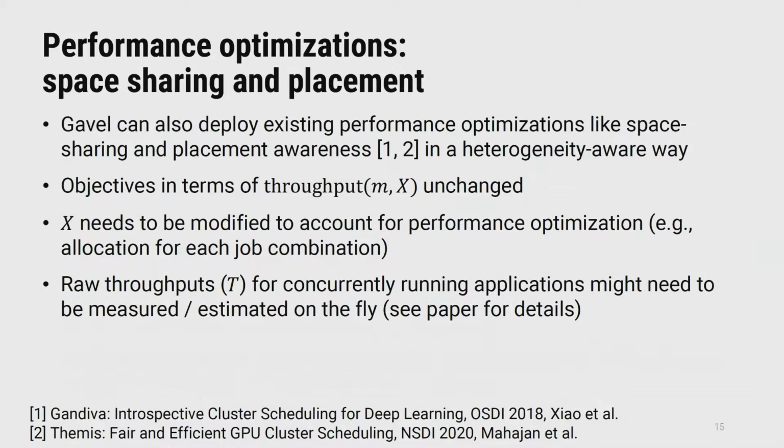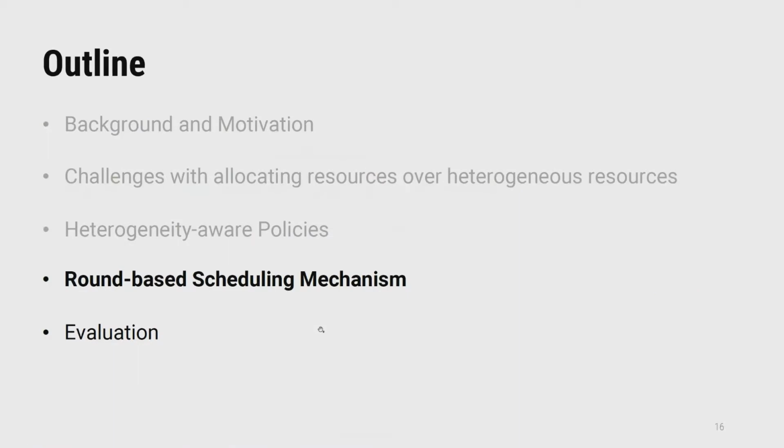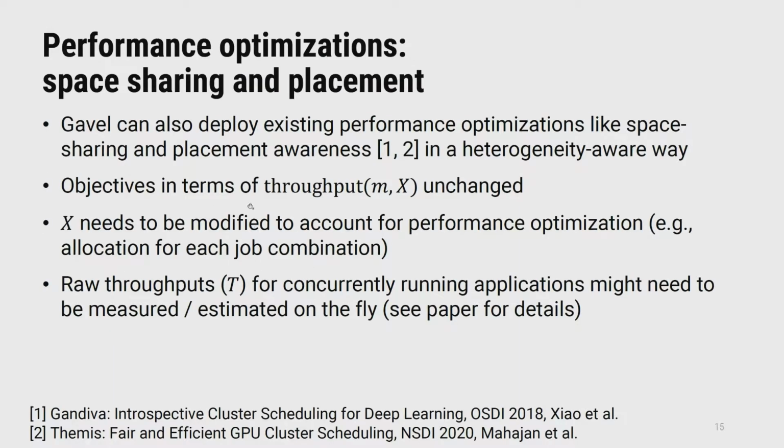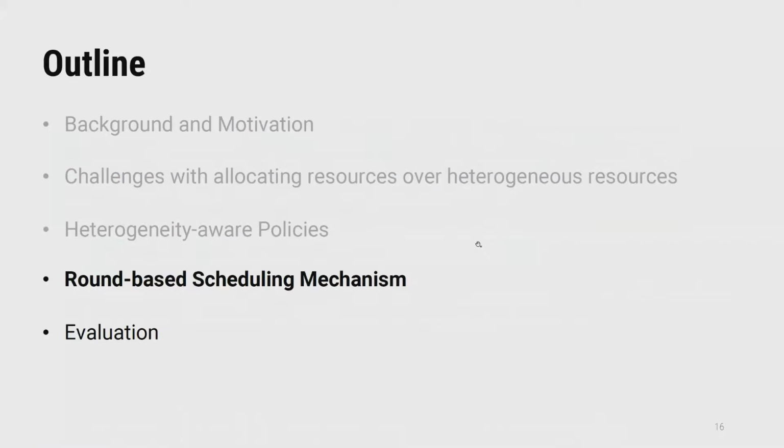And how do we perform the optimization? The objective in terms of the throughput is unchanged. So basically, the optimization algorithm is unchanged because we're just changing how we calculate the throughput, but the objective of the throughput is actually unchanged for each job.